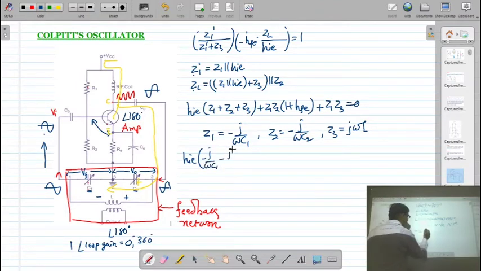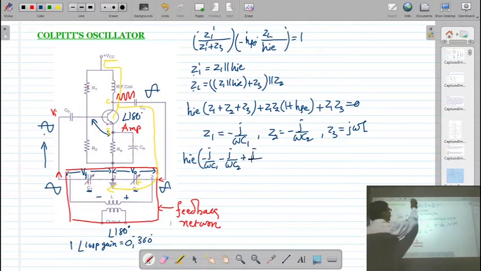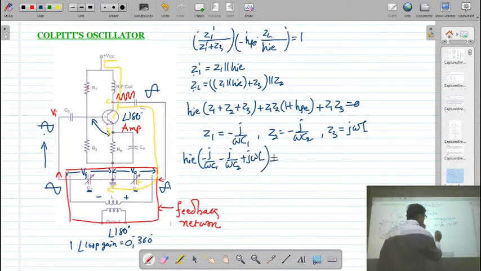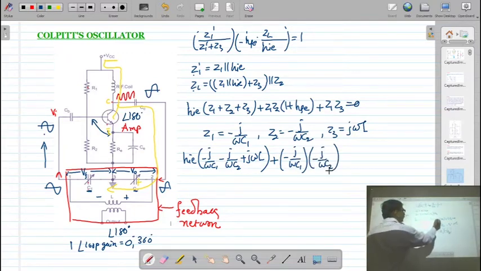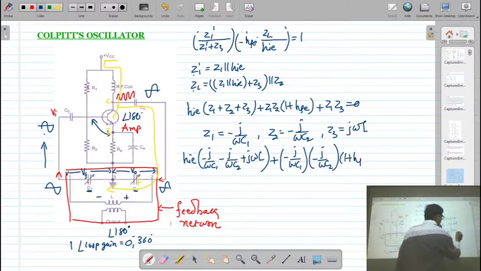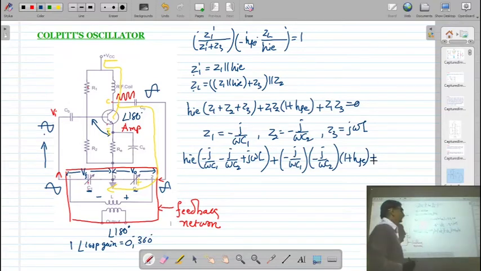So if we replace these values in this expression, then we have HIE times (minus j by omega C1, minus j by omega C2, plus j omega L). So that is my first term. Then in the second term, we have the product of Z1 and Z2: minus j by omega C1 times minus j by omega C2, into 1 plus HFE, and plus Z1 Z3.